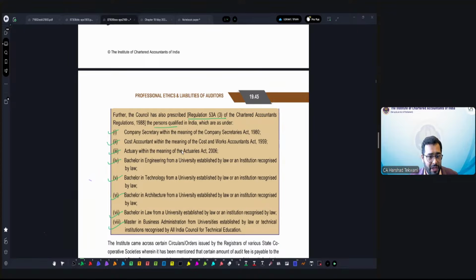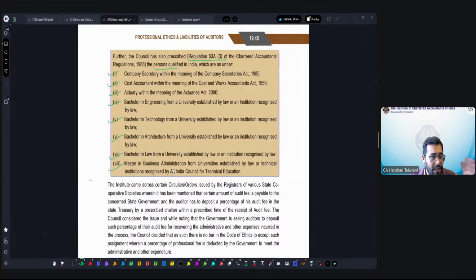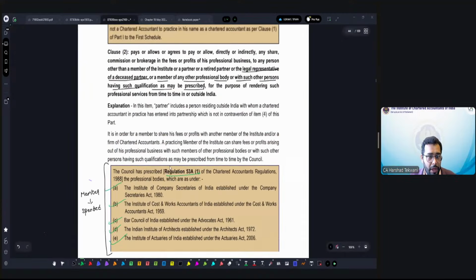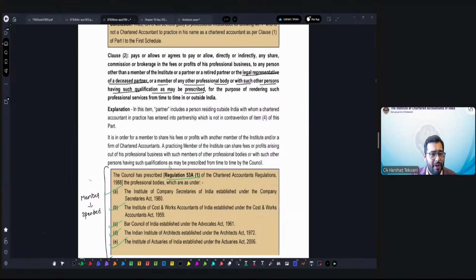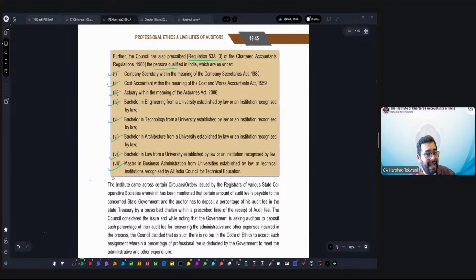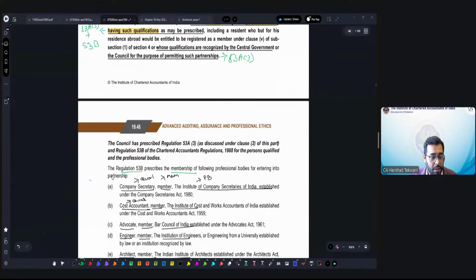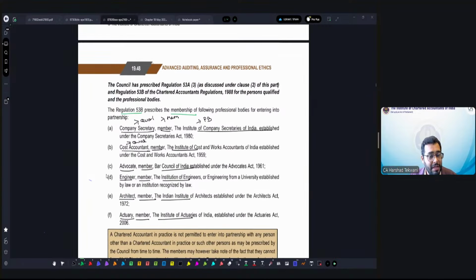That is the qualification prescribed by the council or central government, as may be prescribed for the purpose of rendering, that we saw in clause 2 also. So that qualifications part is regulation 53A3, plus regulation 53B also prescribes a list with whom you can enter into a partnership, provided they should be a member plus they should have the qualification. Not only the qualification, not only the membership, but both.